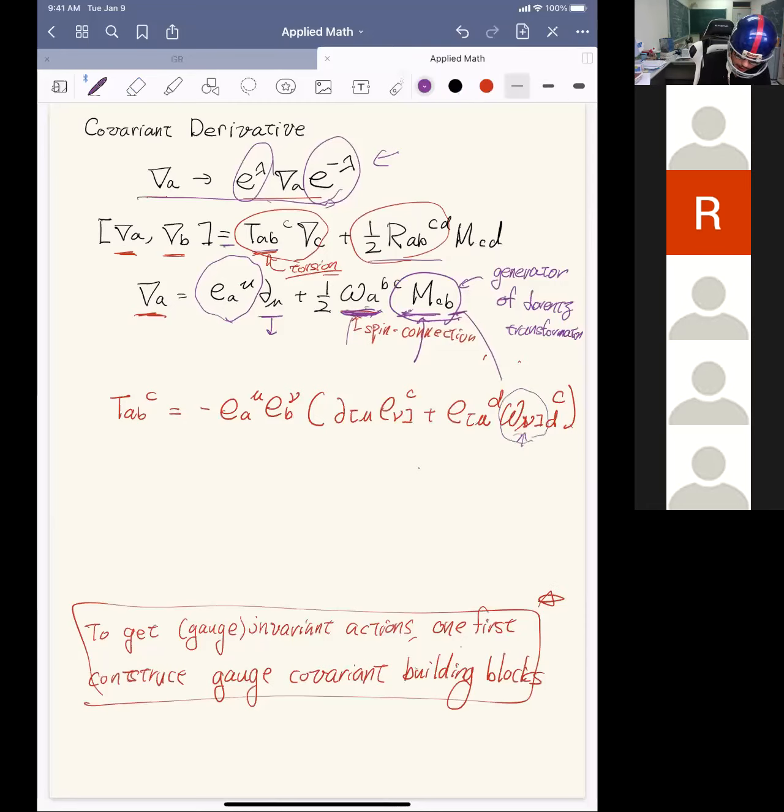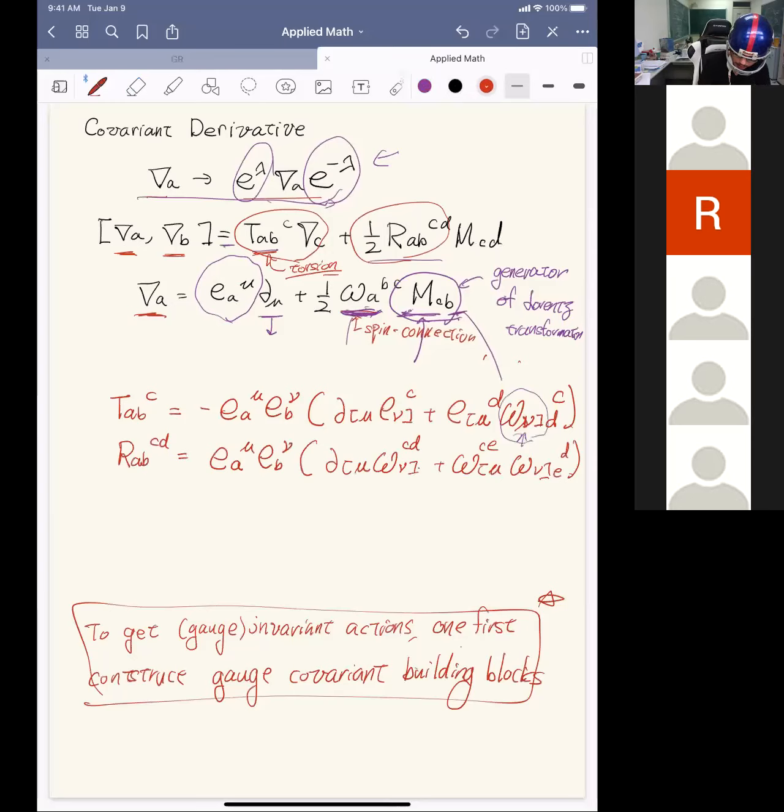And of course, you can also identify the Riemann tensor. Let me use the same color. So the Riemann tensor ABCD, once you work out the algebra, is just given by E A mu E B nu partial mu omega nu CD plus omega mu omega nu antisymmetrized, CE ED.